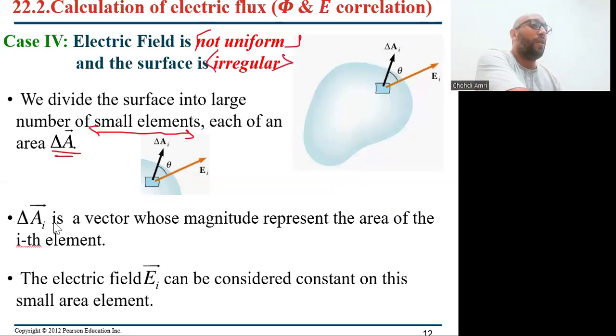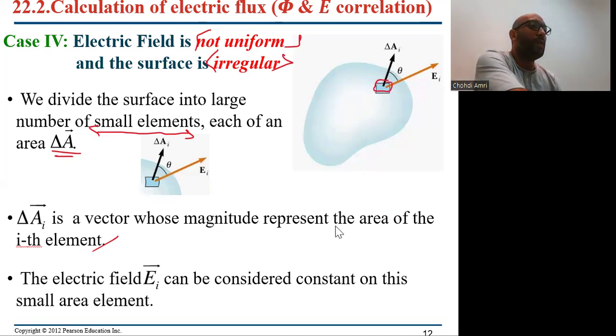And then the vector delta A is a vector whose magnitude represents the area of the nth element. That means we will divide into many small portions of delta A, and then the electric field E can be described as constant on this small element. We have an electric field in this element, and we have a surface area for this element.